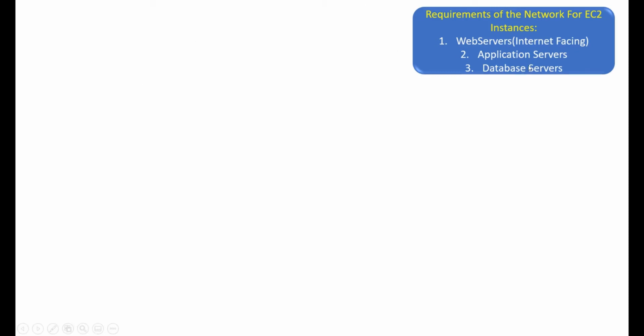And the third is database servers. So you have three categories, three sections where you need to create web servers, application and database, and for this you need to create a network in the VPC. So let's go and see how we can do that.